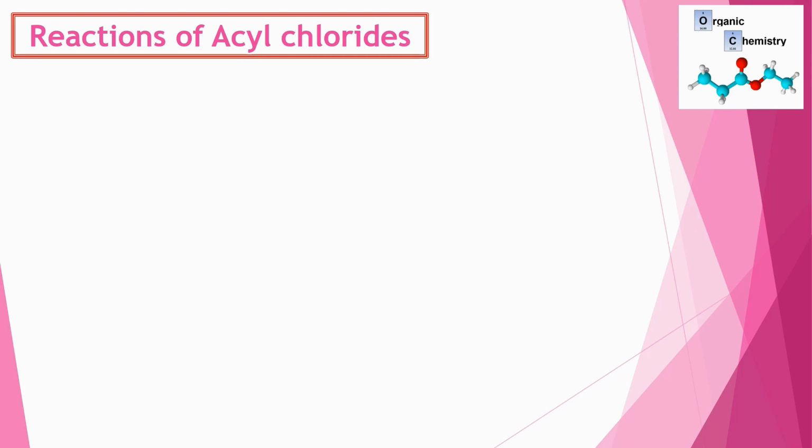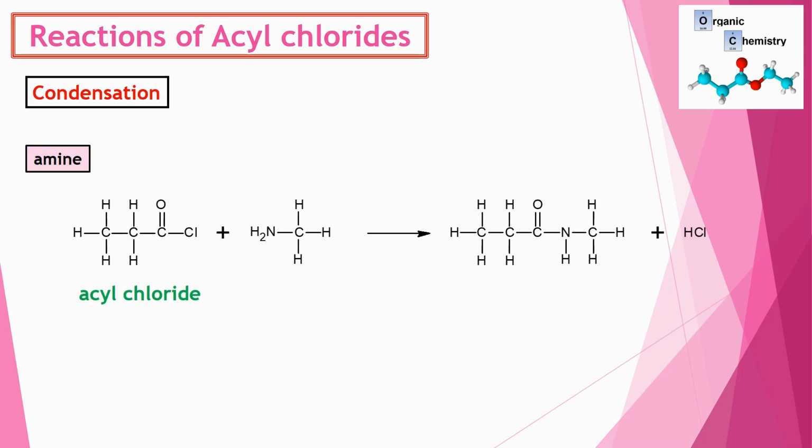Okay, so the last type of reaction with an acyl chloride is we can take an acyl chloride and react it with an amine. The acyl chloride is a very reactive functional group. If we add an amine to it, the hydrochloric acid will be removed and it will join the two molecules together at that point, making this amide bond here.